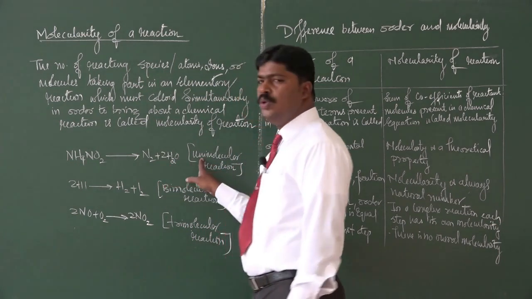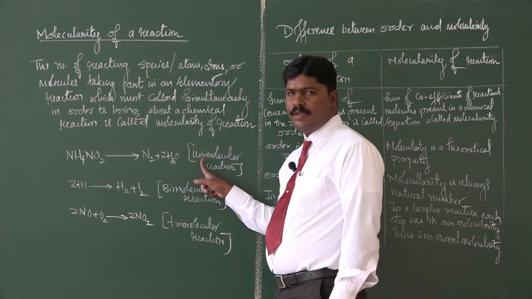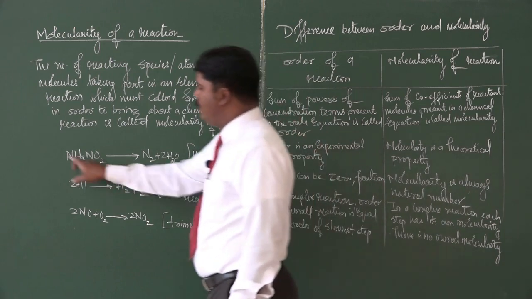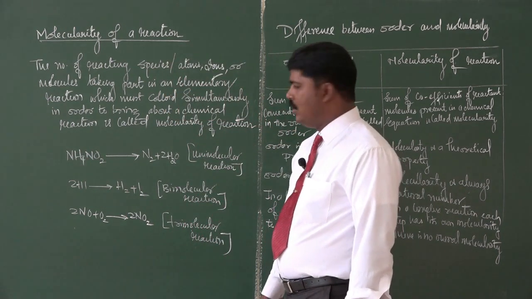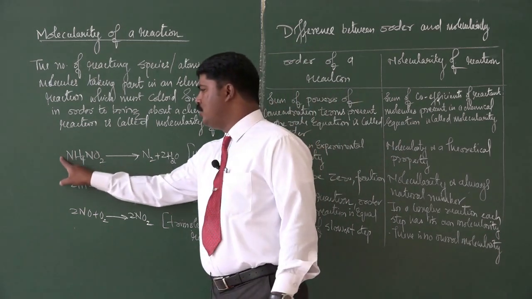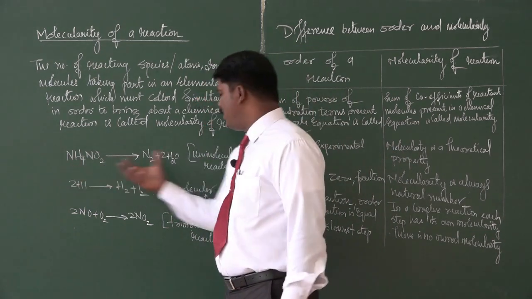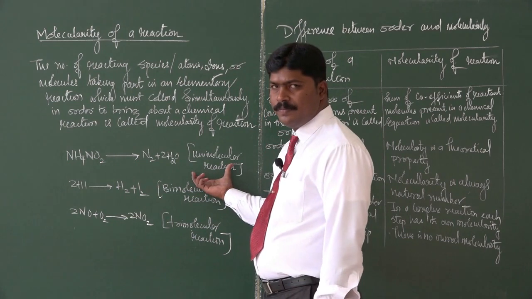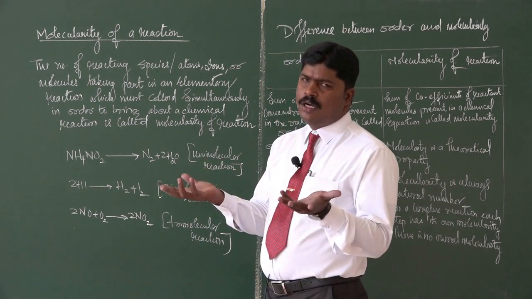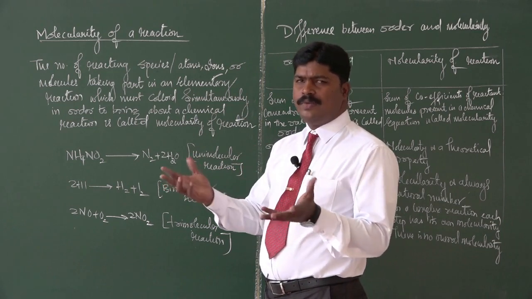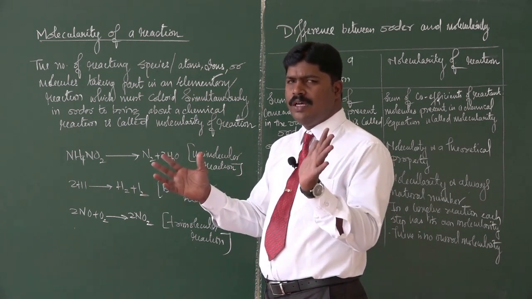It is called unimolecular. Why unimolecular? Because only one mole of the reacting species is involved. Now, if it was written 2NH4NO2, I would have written bimolecular. Either the same molecule can have 2 moles, not an issue, but together also 1 plus 1 can be 2. Just focus on the reacting species.